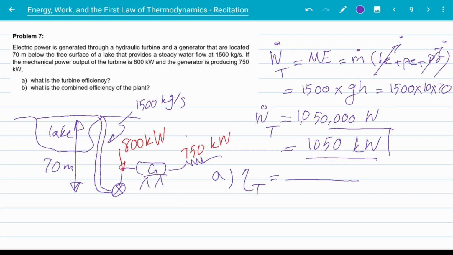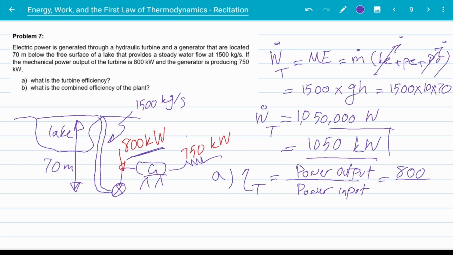Now, in order to answer part A, the turbine efficiency, we need to know the power output over power input, right? So the power output is the number that the problem says, 800.